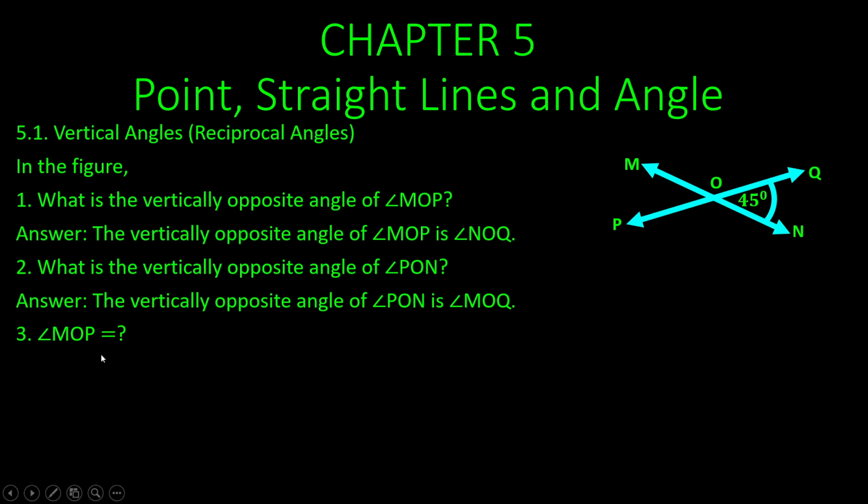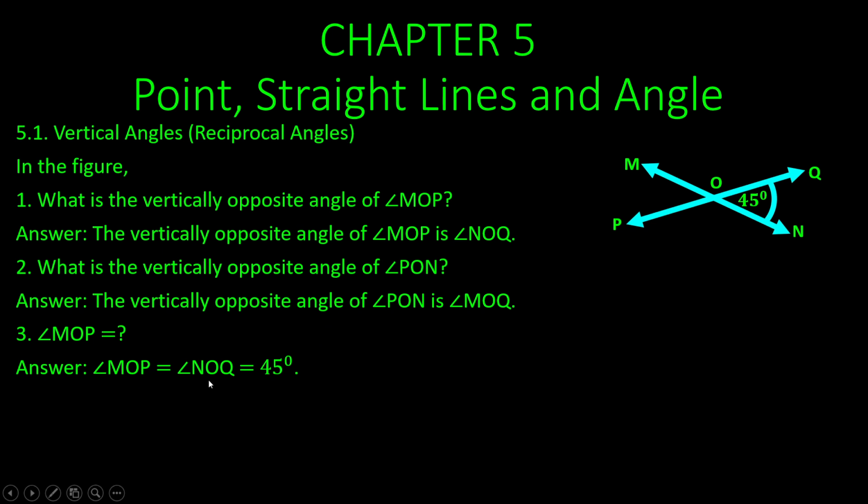The third question is: what is the measurement of the angle MOP? Since MOP is the vertically opposite angle of NOQ, these two angles will be equal to each other. That means the measurement of MOP will be 45 degrees, and this can be written in this way.